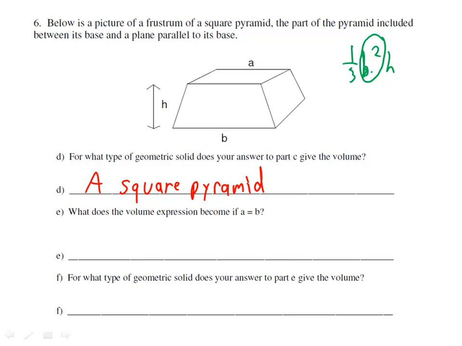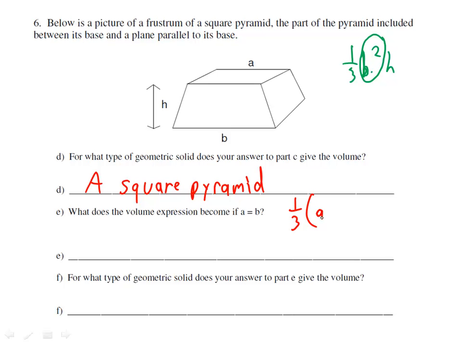E. What does the volume expression become if a equals b? Alright, so here we have our 1/3, and we're saying a is going to equal b. So we either have to change all these to a's or b's. So I'm changing the b's to a.